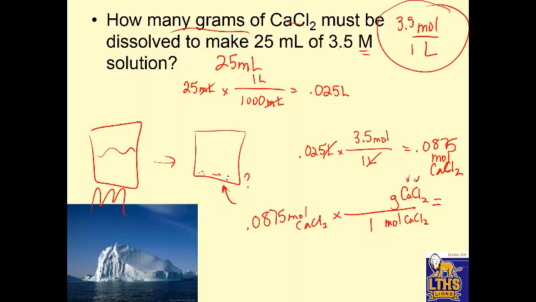I have to add up calcium plus 2 chlorine, and I get 110.98 grams. Moles cancel moles. 0.0875 times 110.98 gives me 9.71 grams of calcium chloride. Okay, so that's how many grams of calcium chloride were in these 25 milliliters of solution. I want to make that concentration.